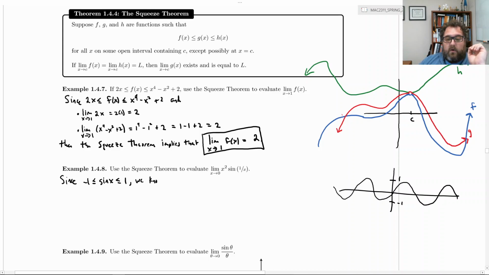We know that -1 is less than or equal to sine of 1 over x is less than or equal to +1. Again, because the way you affect the amplitude is by multiplying on the outside of the function, and if we just change the argument to 1 over x, that's not affecting the overall amplitude of the function.